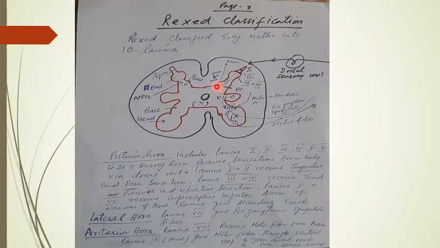So what are ascending tracts? A collection of the axons of the posterior horn. Posterior horn neurons, their axons, form the ascending tracts. If we ask what is the origin of ascending tracts: pain and temperature tracts from laminae 1 and 2, touch, pressure, vibration tracts from laminae 3 and 4, and proprioceptive tracts from laminae 5 and 6.